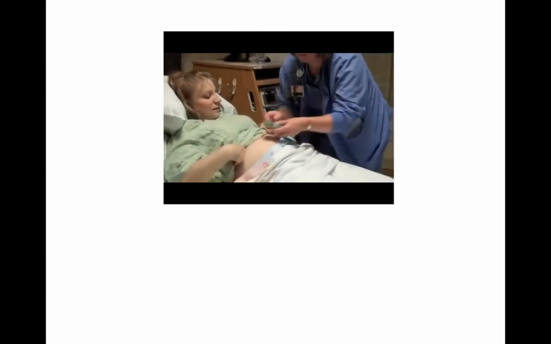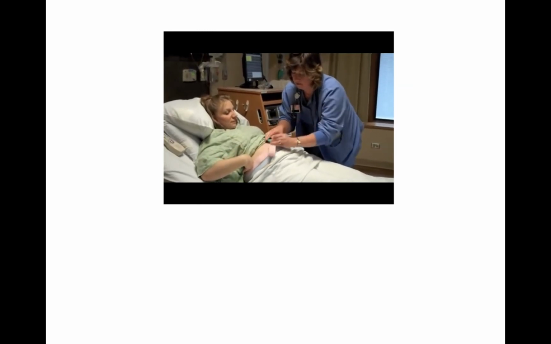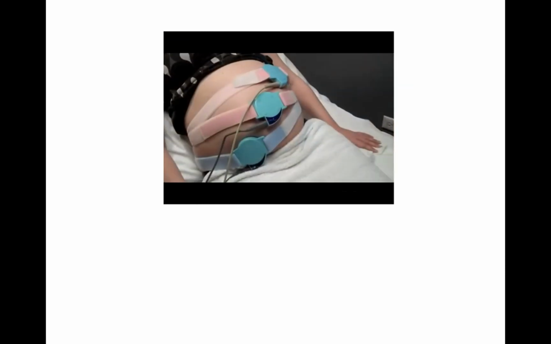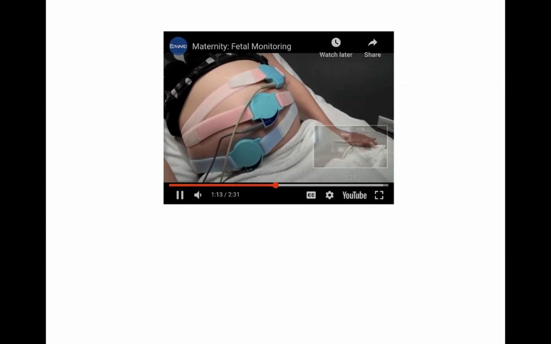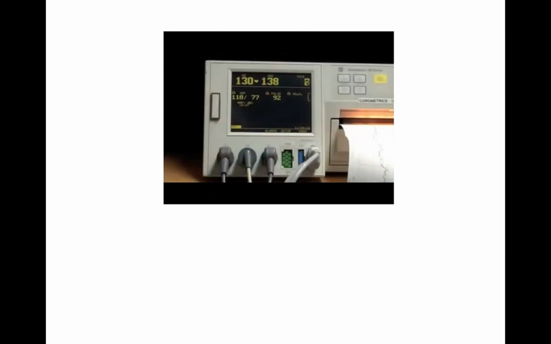The second transducer, which is called a TOCO transducer, is pressure sensitive and will be placed on your upper abdomen to record the contractions. If you are having twins, you will have 2 transducers to pick up the babies' heart rates and 1 to record your contractions. The second heart rate will appear in the center on the monitor.